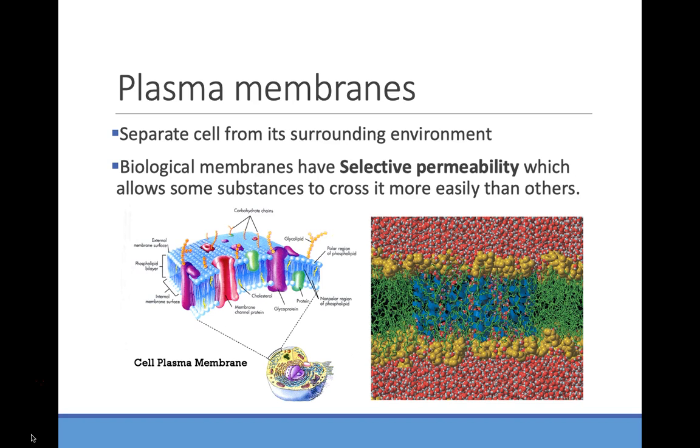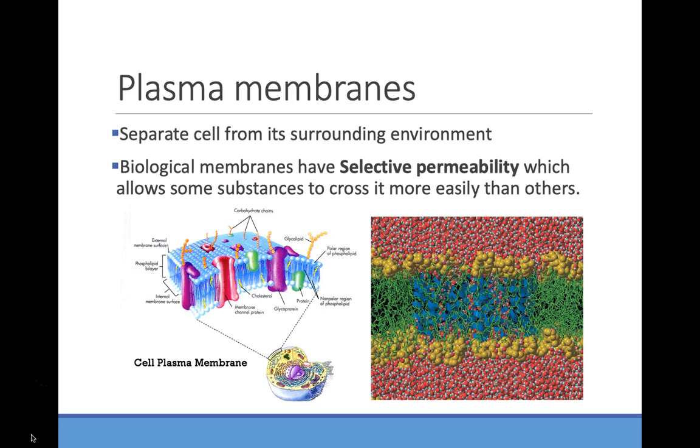Because a cell is a living organism, it's not isolated from its environment. If it's a single-celled organism, such as a bacterium, it has to be able to sense its surroundings, sense the other living organisms around it, bring in nutrients, get out waste, and also it needs to move in its surroundings.